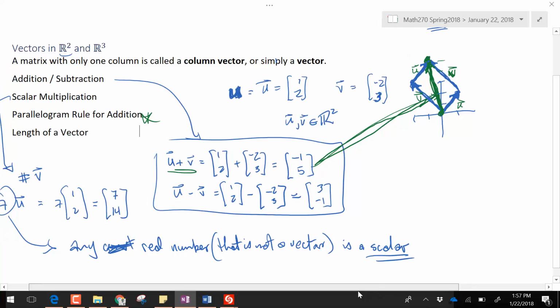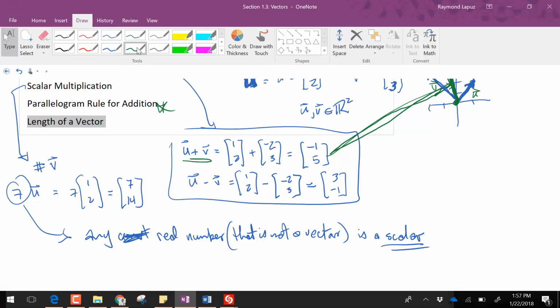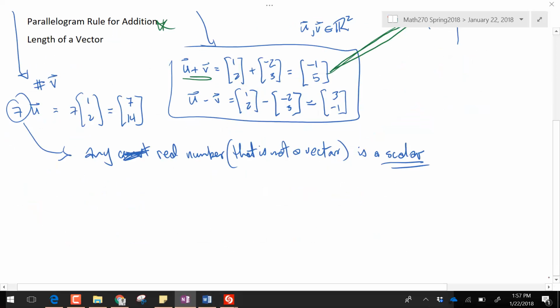And then one more piece of information, the length of the vector. We can find the length of the vector by the Pythagorean theorem or something like that. So this is your vector u.